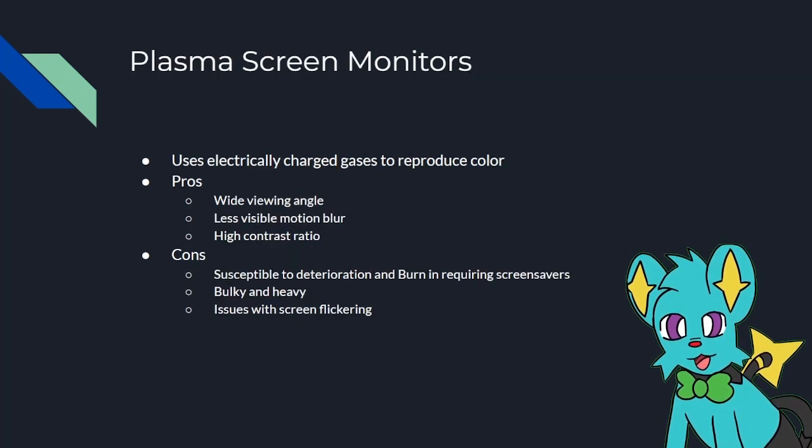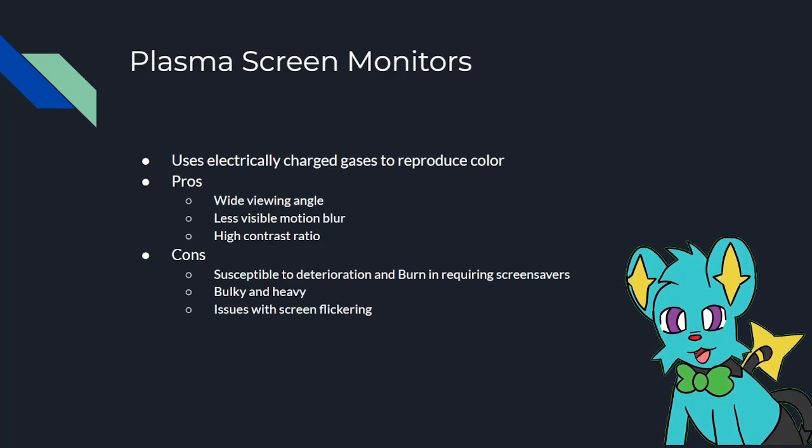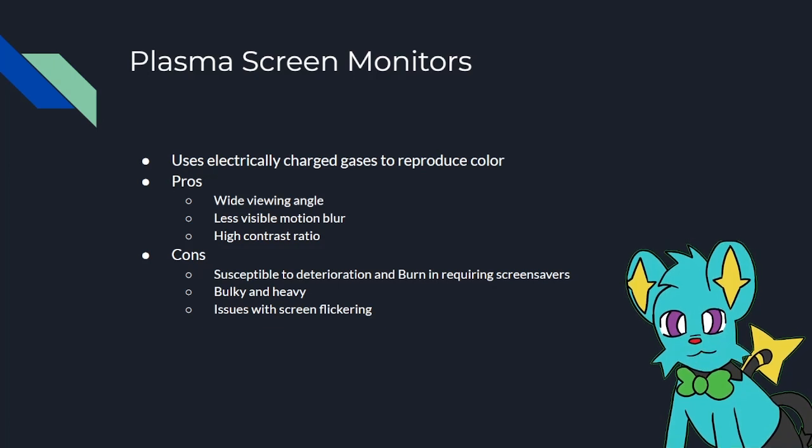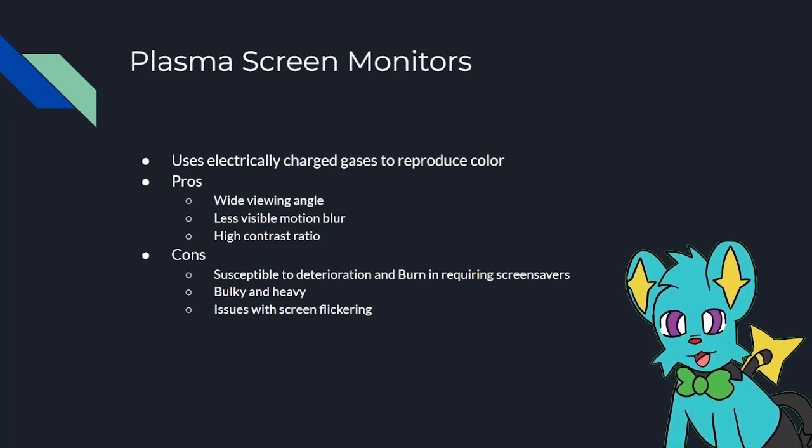Then there is the plasma screen monitor. These were pretty big at one point. They use electrically charged gases to reproduce color. They have a wide viewing angle and motion blur is less visible and have a high contrast ratio. But they are susceptible to deterioration and what is known as burn-in, which is where if you leave the same image on a monitor for too long, it will be burned into the back of the monitor, so you will always see that image even if you change the image.